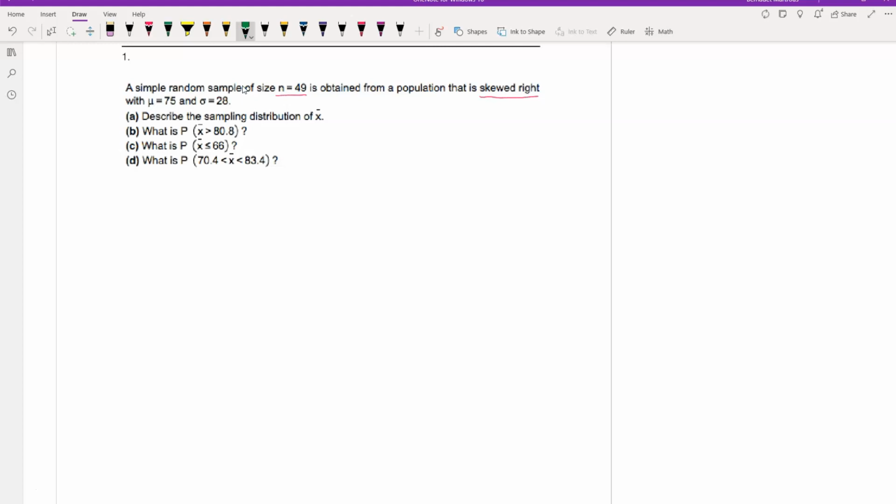In this case, we have to see if we have a normal distribution, so that we can find the mean of X bar and the standard deviation of X bar. To be normal, we should either have the population normally distributed or our sample size should be large enough.